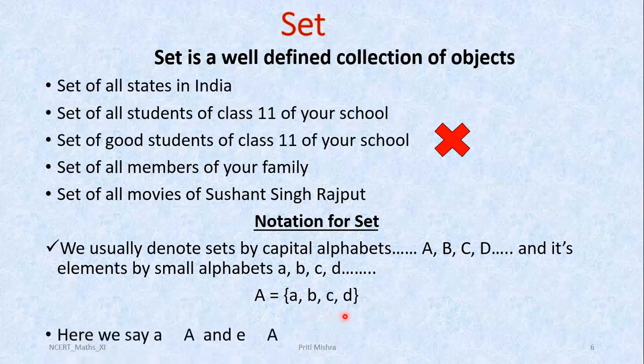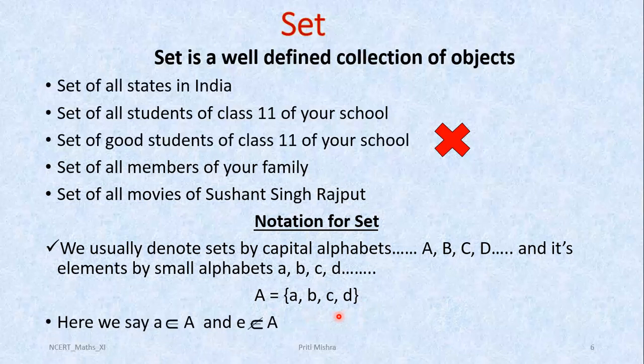Now, how will we write it in mathematical terms? Here you can see this is the symbol which we use to say belongs to, meaning a belongs to set capital A. This is the symbol which says belongs to.